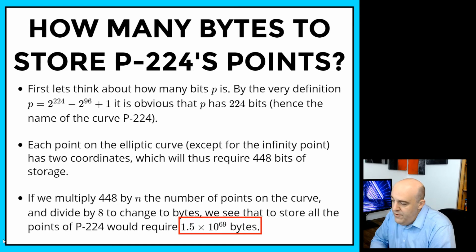So any point on the elliptic curve will have an x and a y value, so that'll be a total of 448 bits for every point. If we multiply that by n, the number of points on the curve, and then divide it by 8 to change to bytes, we see that to store all the points of this curve would require 1.5 times 10 to the 69 bytes.